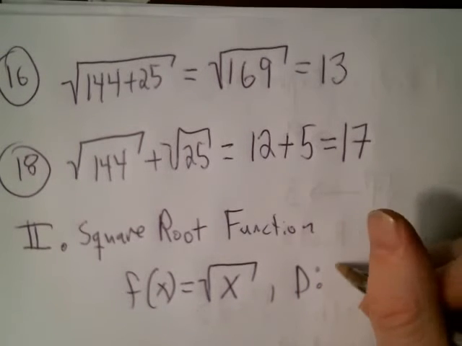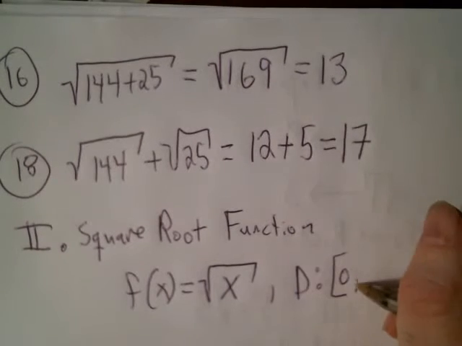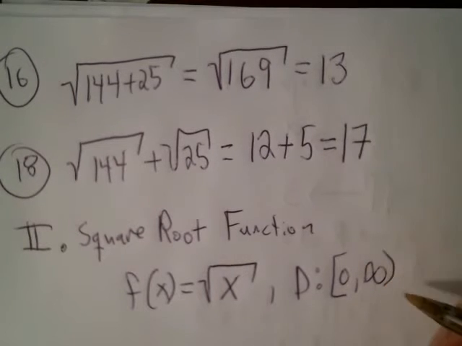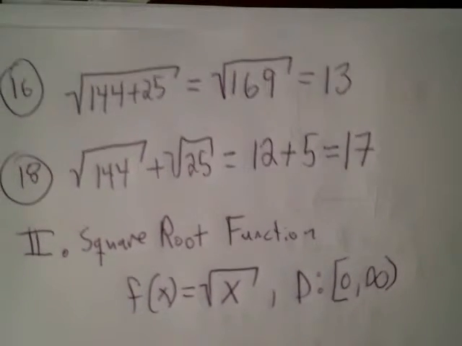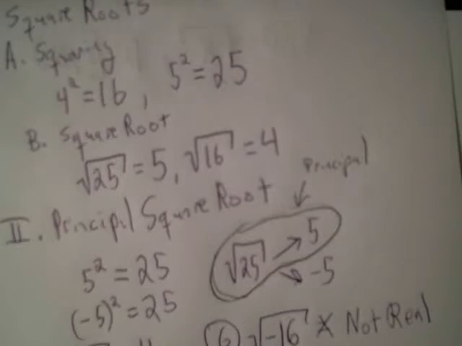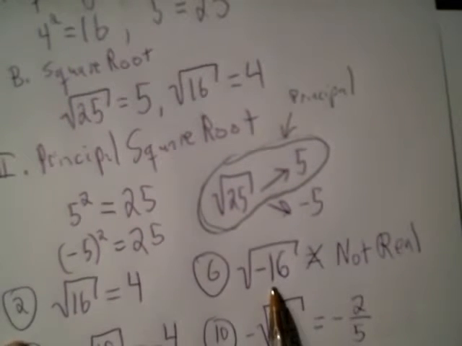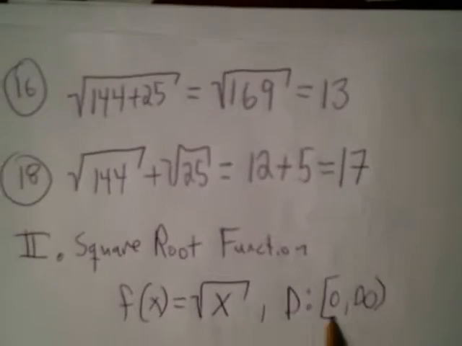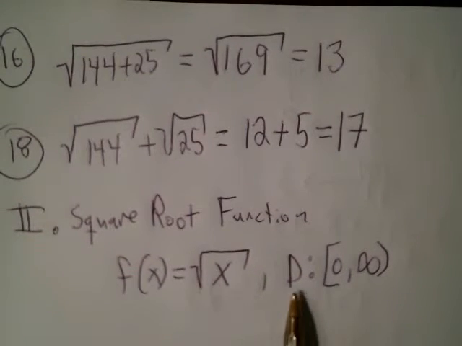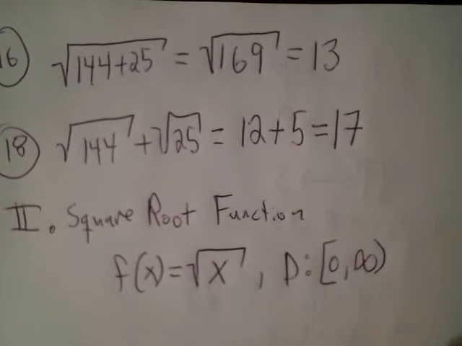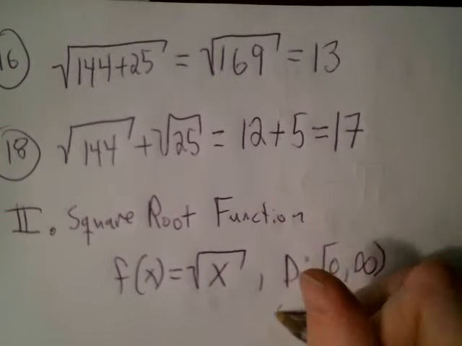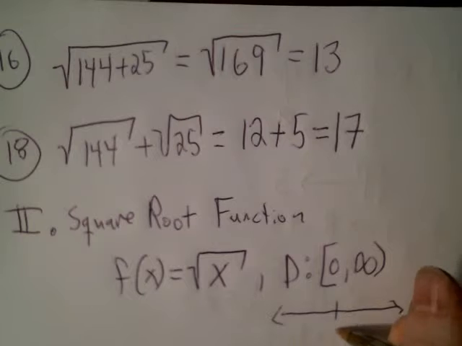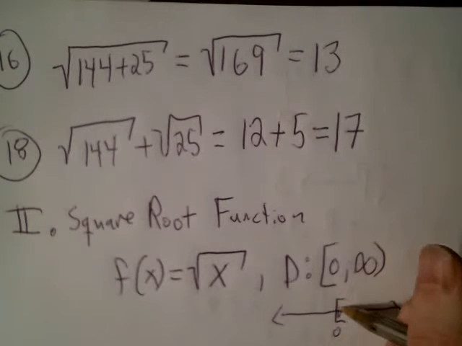The domain of this thing is going to be all real numbers from 0 to infinity. We can remember from this past example, we can't put negative numbers into a square root. So that's what that domain, that D thing means, this D right here. And this interval notation, in case you've forgotten, means I'm going to take all numbers greater than or equal to 0.